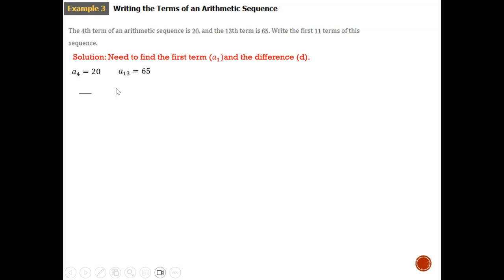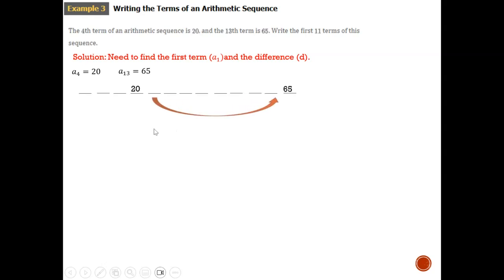So let's put all the 13 terms: the first term, the second, the third, the fourth, the fifth, the sixth, the seventh, the eighth, the ninth, the tenth, the eleventh, the twelfth, and the thirteenth. So a4 will be 20, which is the fourth term, right about there. And a13, the 13th term, will be 65.